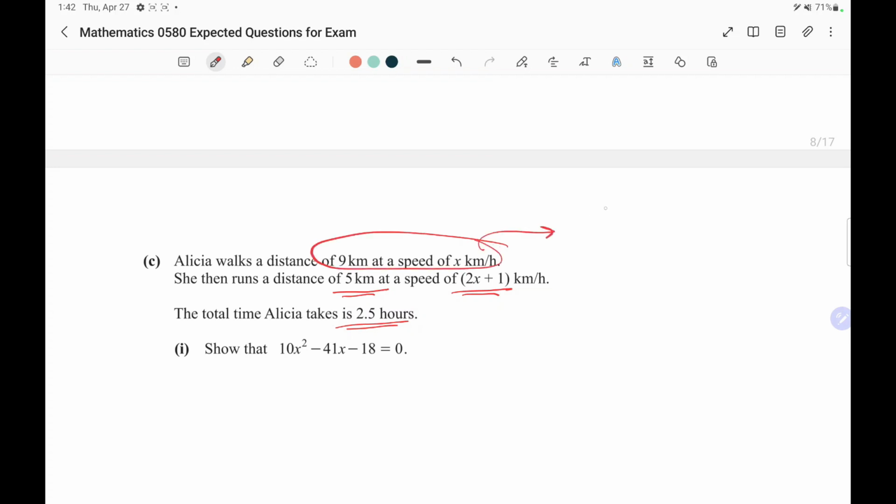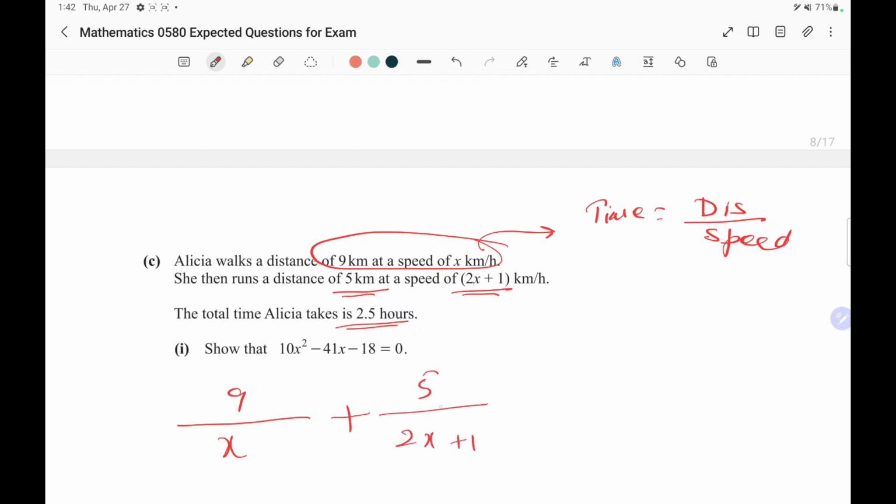Time has the formula distance over speed. So time of walking, the distance is 9 km and the speed is x, so 9 over x. Now plus time of running, so the distance is 5 and the speed is 2x plus 1. The total time is given as 2.5 hours.